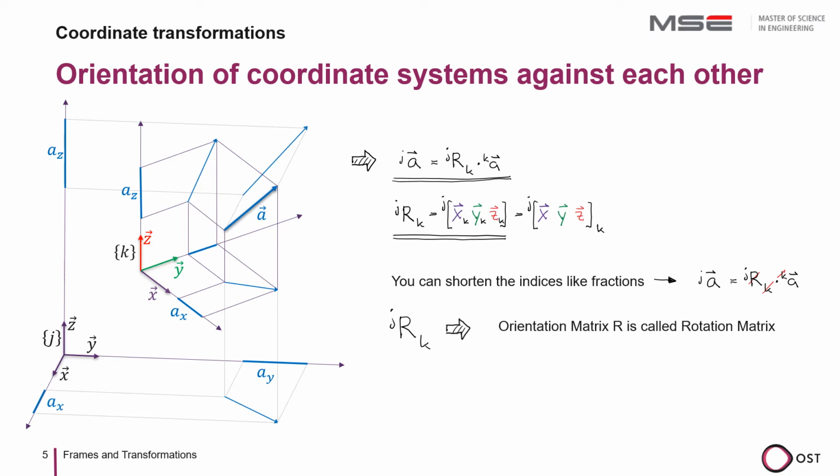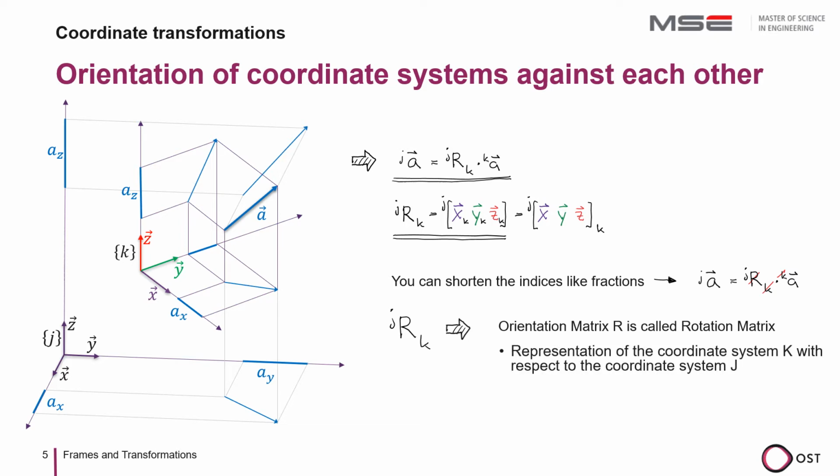This term is actually not accurate in this context, but it is common. The reason for this name is that it can be used not only to represent the coordinate system K with respect to the coordinate system J, but also to perform a rotation of a body from the coordinate system J into the coordinate system K. So we can describe and name the orientation matrix like this.